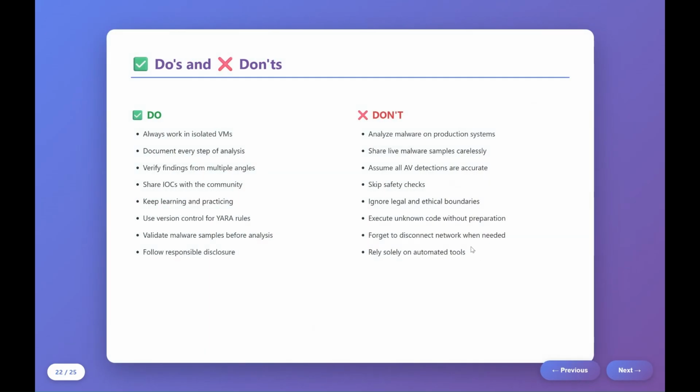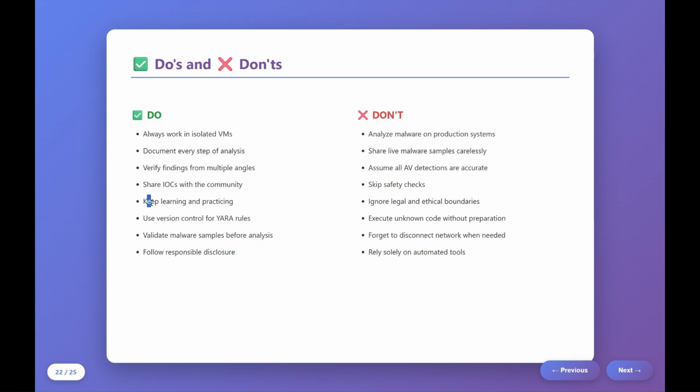Next we have the dos and don'ts. Here are the dos. Always work in isolated virtual machines like VirtualBox or VMware, plus a snapshot. Document every step of your analysis for reproducibility. Cross-verify findings using multiple tools, like static, dynamic, and OSINT, and then share IOCs responsibly with your team or the community.